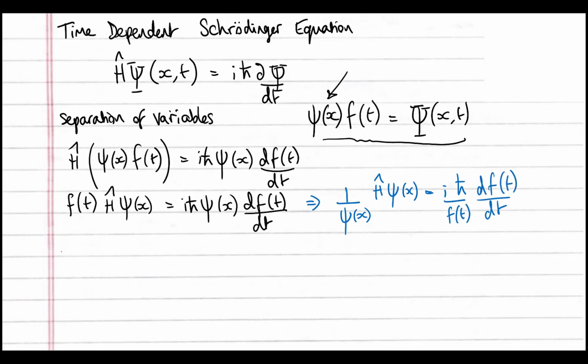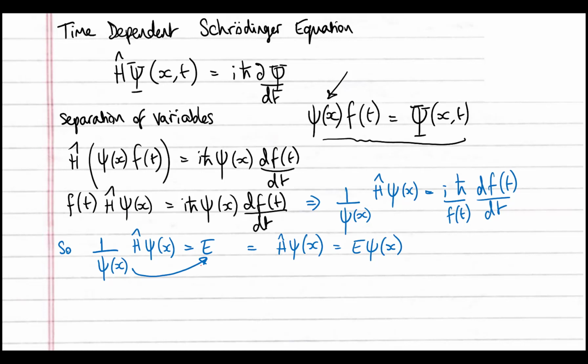And so from that, we get 1 over psi of x, H hat psi of x, is equal to the energy. And what is this? This is our time-independent Schrodinger equation. When we rearrange this expression, this psi comes up over here, so there's our standard time-independent Schrodinger equation.